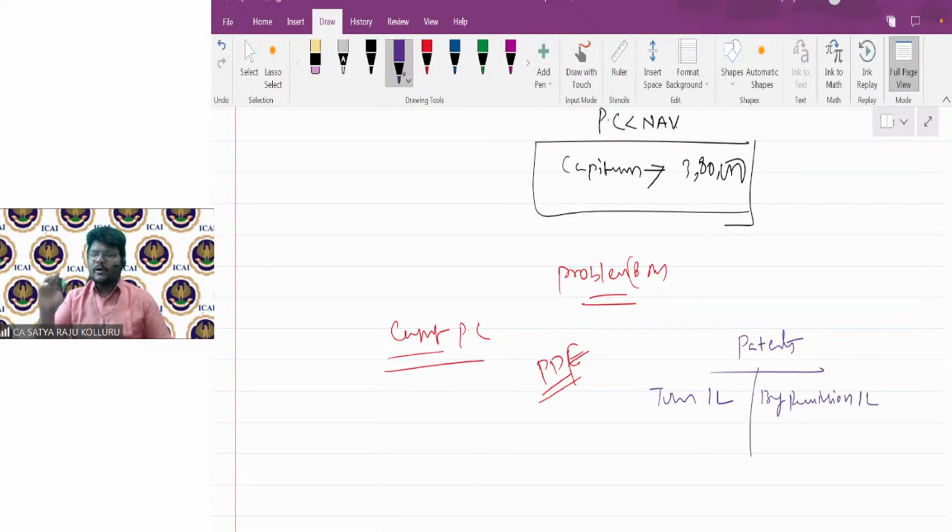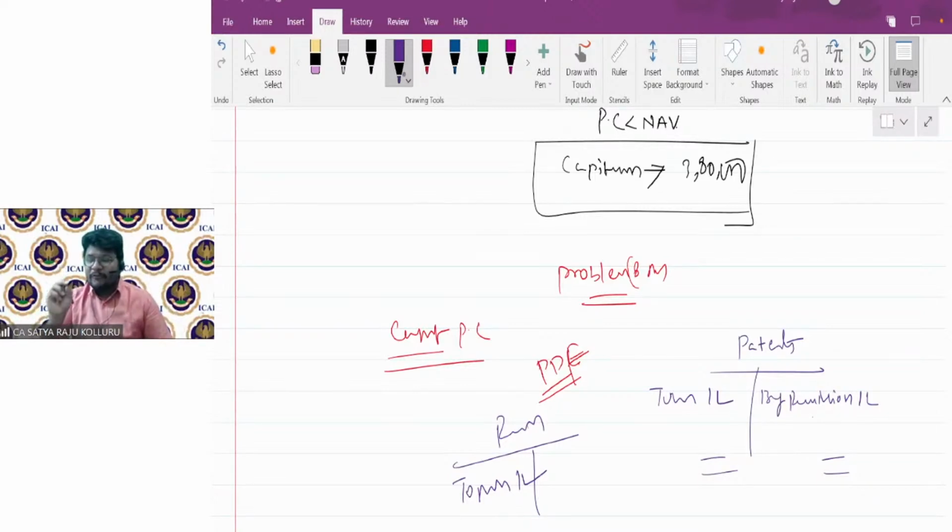As per our concept, whatever profit or loss is derived through sale of patents in the outside market, we need to transfer to realization only. Now, what is the net impact here? In the realization account, to patents, 1 lakh. So just follow my procedure.